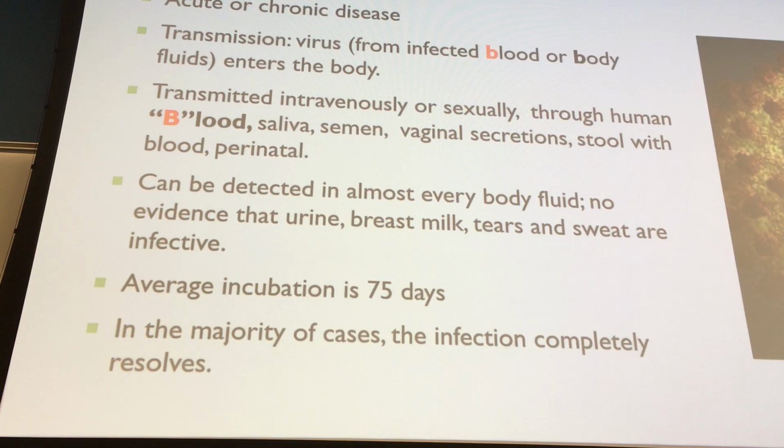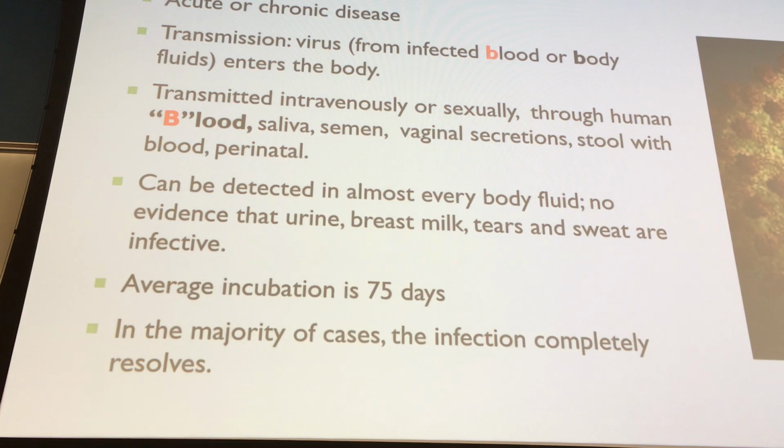Hep B, okay? You can think of it, B for blood, okay? It's acute or chronic. This one's a little bit more complicated, and we'll kind of go through it. The transmission is from infected blood or body fluid enters the body. And you can also have it with saliva or semen or vaginal secretions.